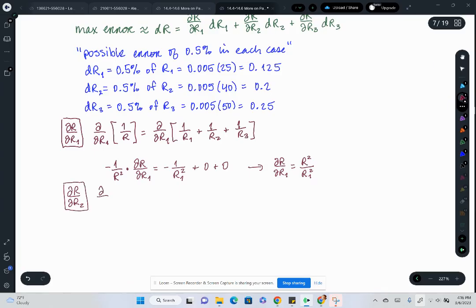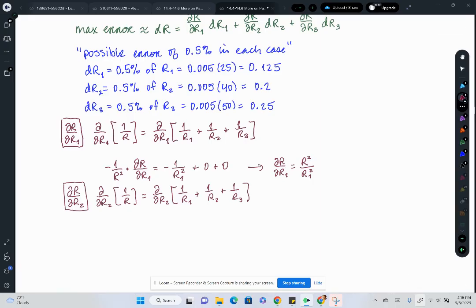So we're doing the same thing. We're taking del R2 of 1 over R. It's equal to del R2 of 1 over R1 plus 1 over R2 plus 1 over R3. Okay, on the left, same as before.